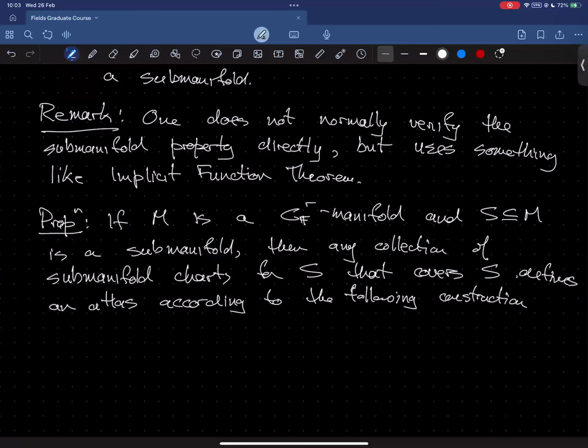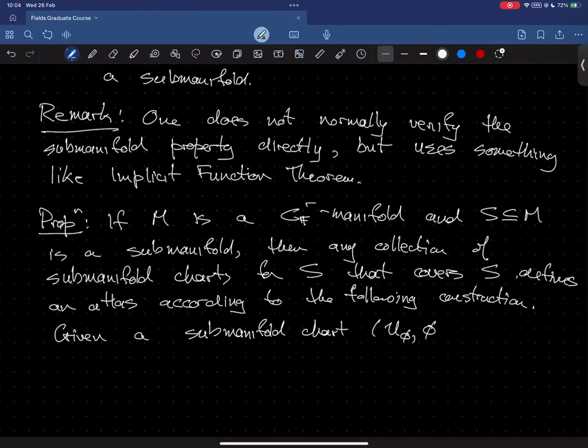So for each submanifold chart, I'm going to define a chart for S. Given a submanifold chart, U phi, V phi, W phi, that's all the data we need for a submanifold chart.